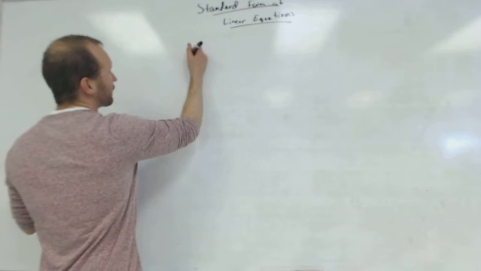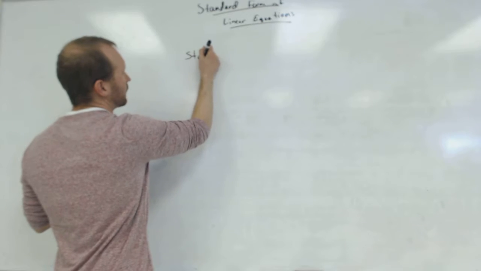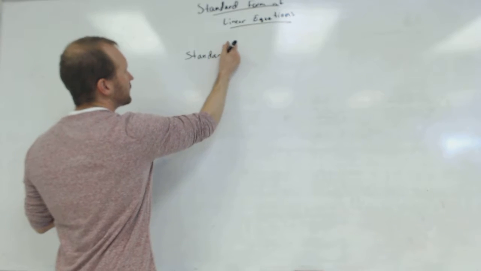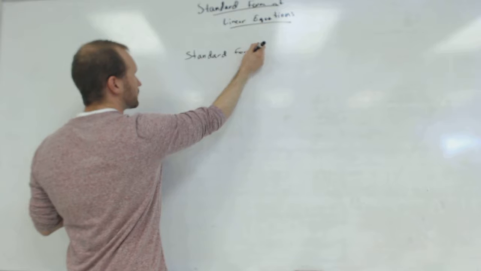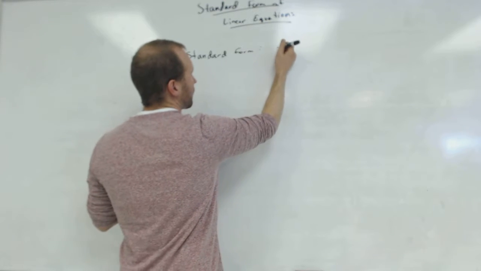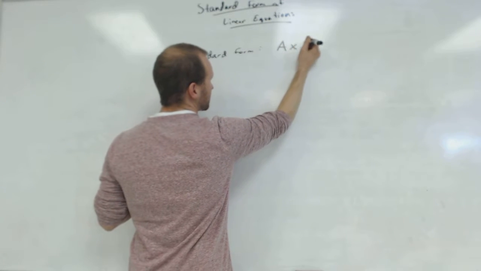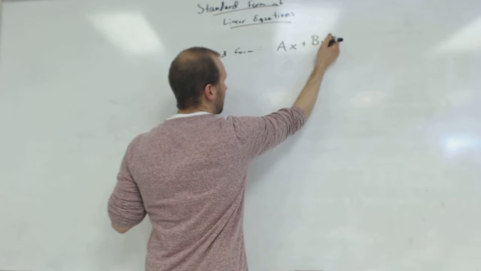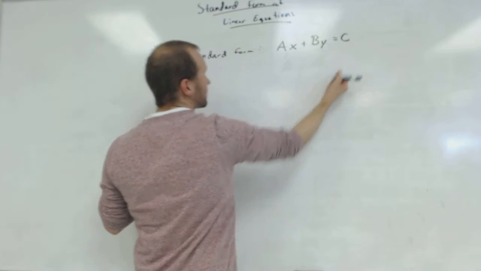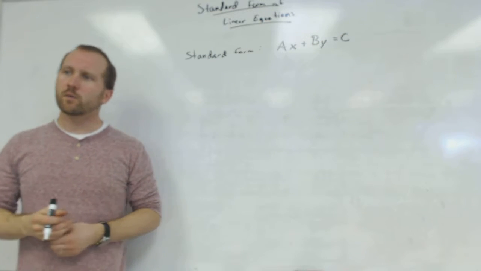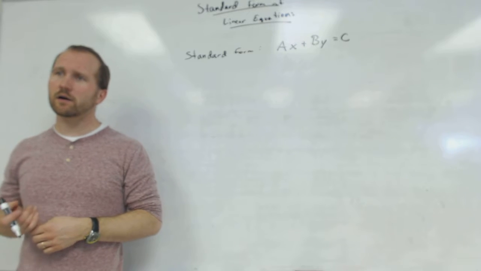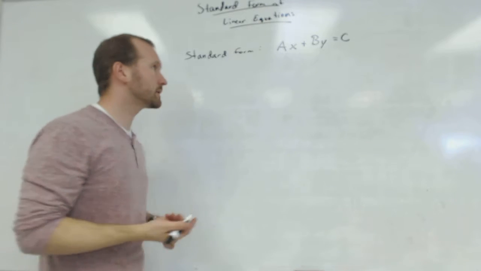So standard form is ax plus by equals c, where a, b, and c are all constants.